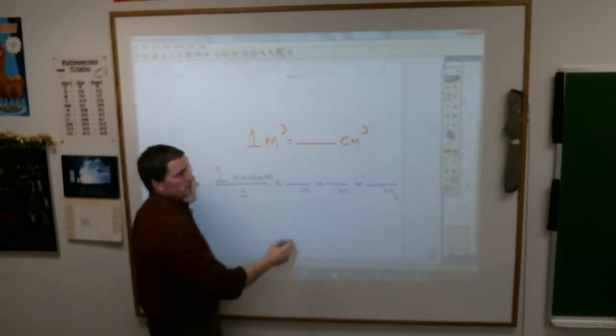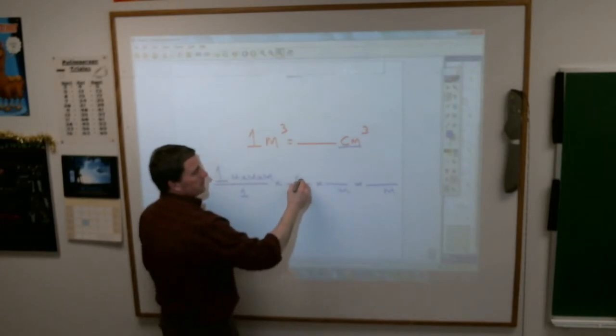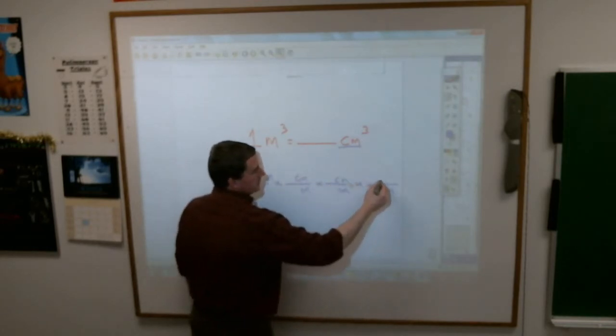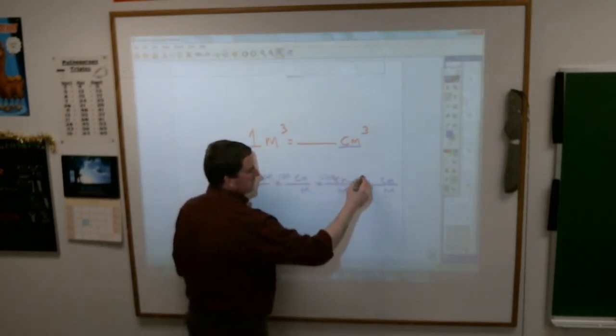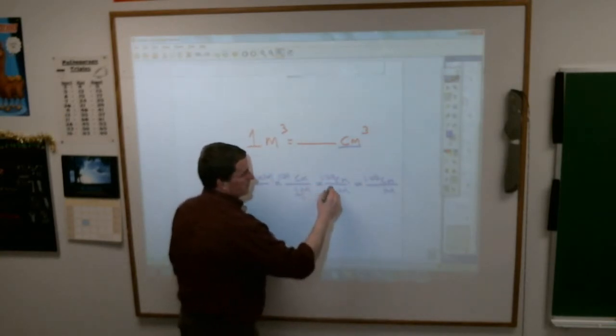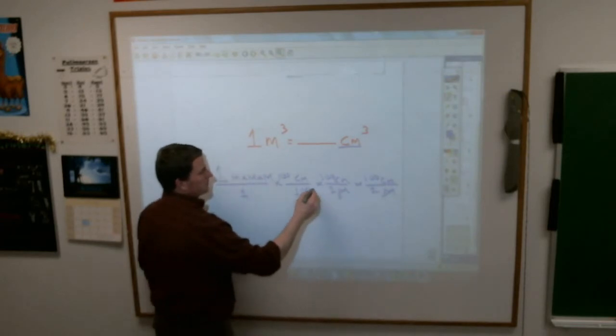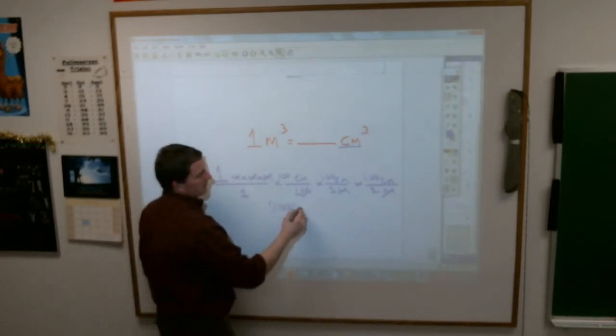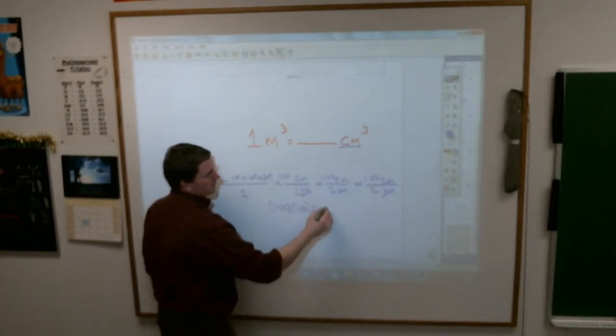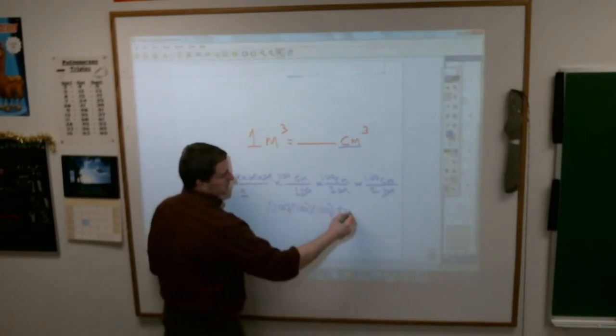What am I changing it into? Centimeters, so that goes on top. And I told you there were 100 centimeters in one of these. Meters cross off. Your answer should have been 100 times 100 times 100 centimeters cubed.